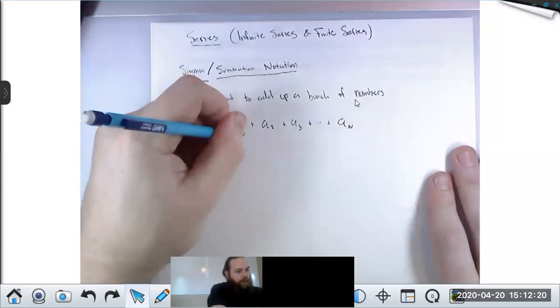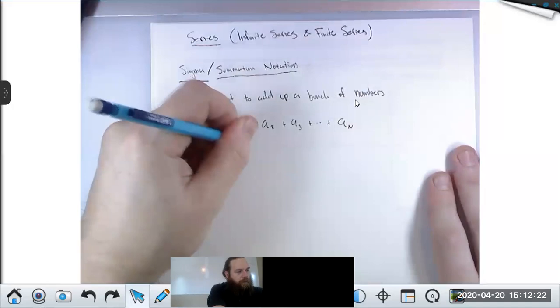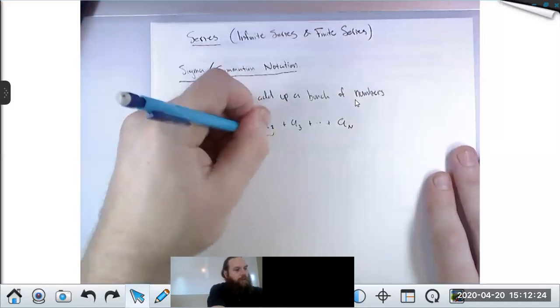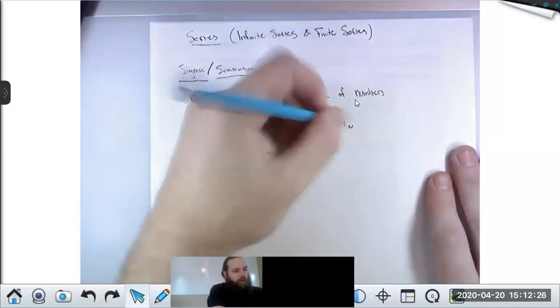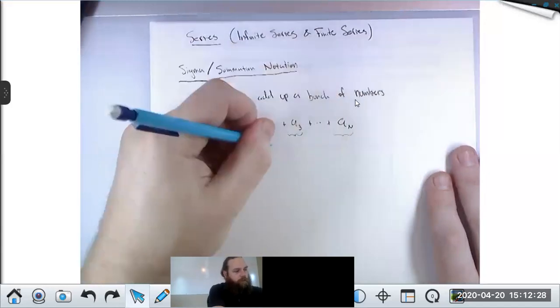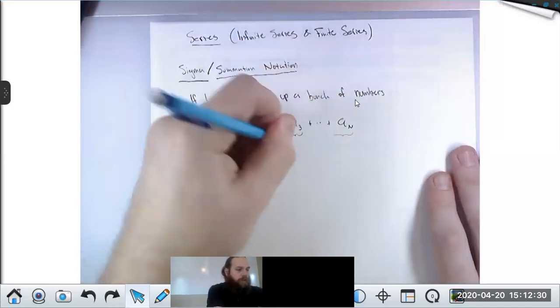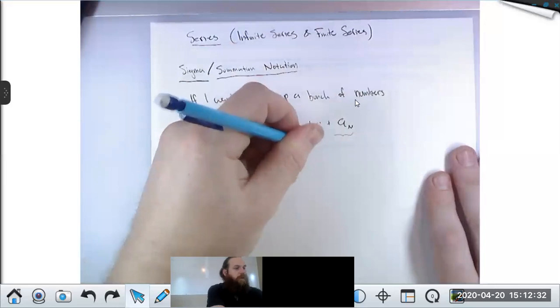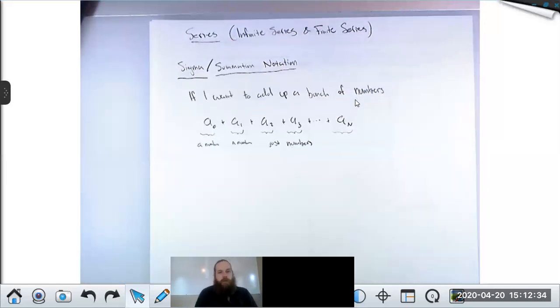A1 is just a number. All of these are just numbers. The way I'm writing them, it looks like they are outputs from a sequence. It looks like they're terms of a sequence. And indeed, that's usually how we study these things.